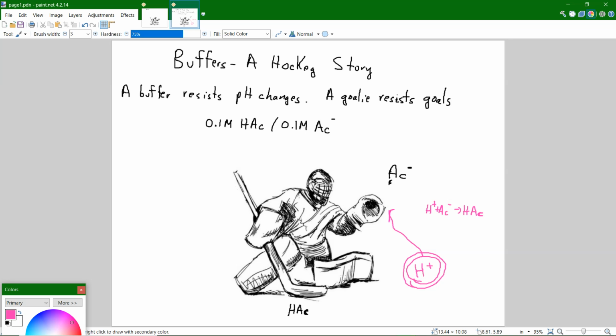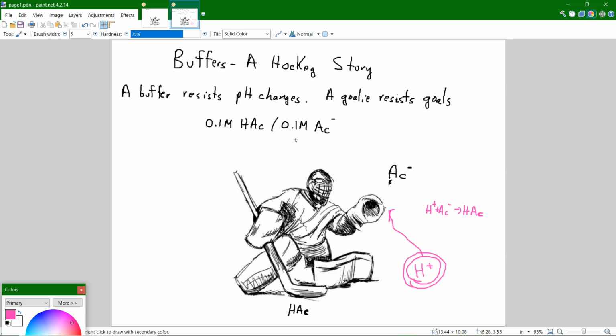Now this glove has to be pretty big. If it's too small, then after 2 or 3 wrist shots from the incoming acid, that glove is just going to weather away to nothing, and all sorts of goals are going to be scored. Same goes for a buffer. That conjugate base, that acetate, has to be a strong concentration to begin with.